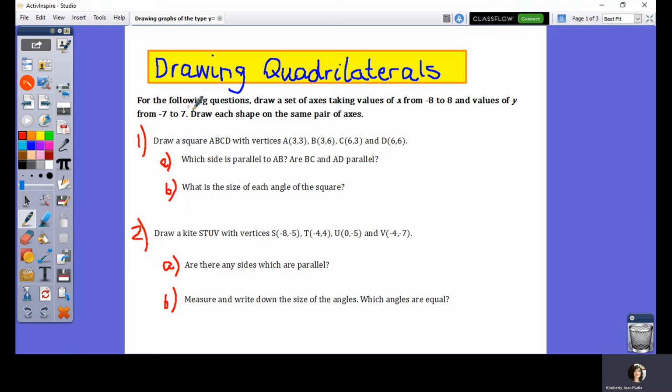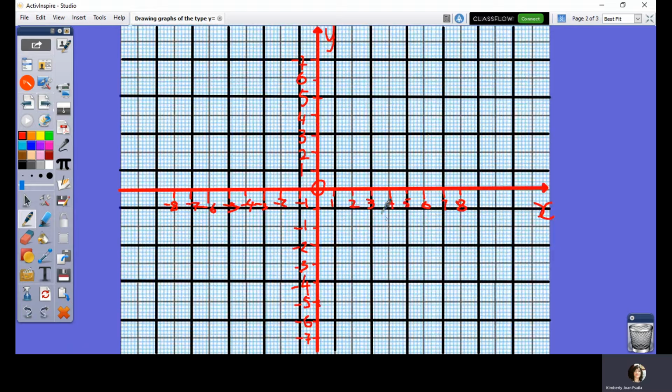For the following questions, draw a set of axes taking values of x from -8 to 8 and values of y from -7 to 7. Draw each shape on the same pair of axes. So what do we have to do here? On your graph paper, we're going to draw a set of axes.